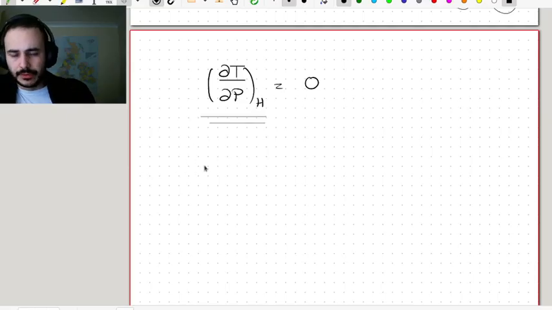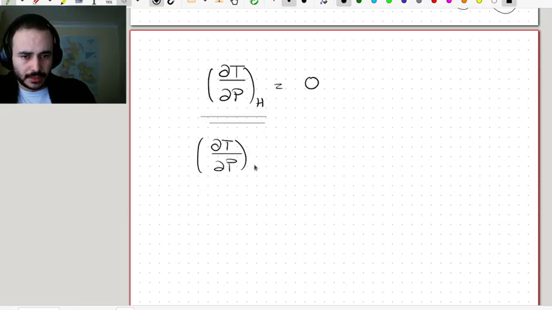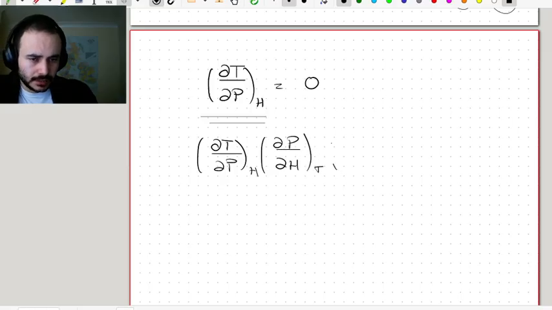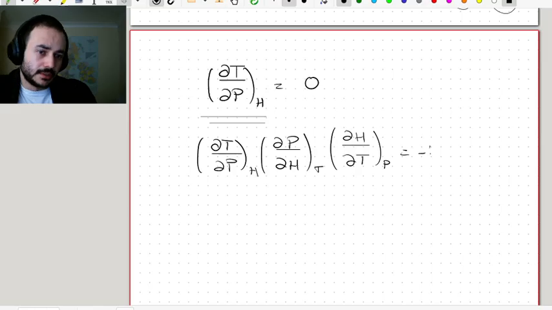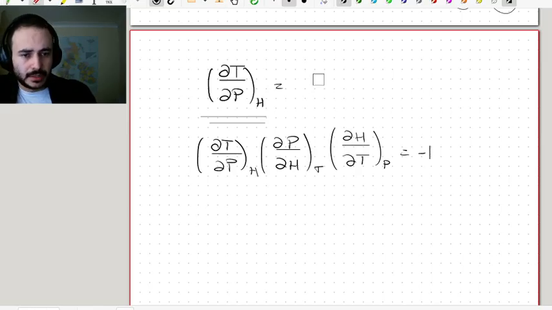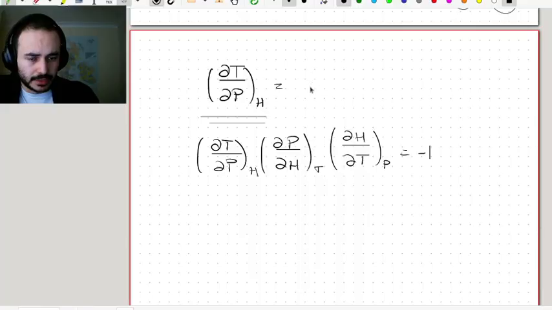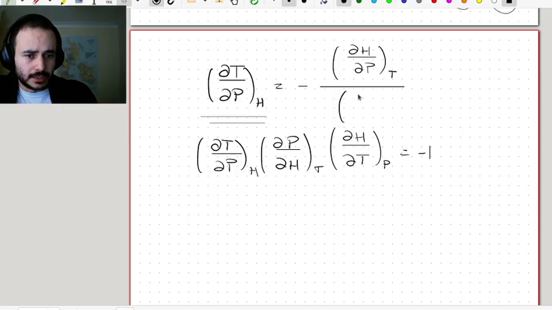And in particular, you could use this trick of the mixed partial derivatives, like T, P, H. This cyclic trick, which is then P, H, T times H with respect to T at constant P, is equal to -1, which means that this derivative that we are interested in is simply minus the partial of H with respect to P at constant T, over the partial of H with respect to T at constant P.